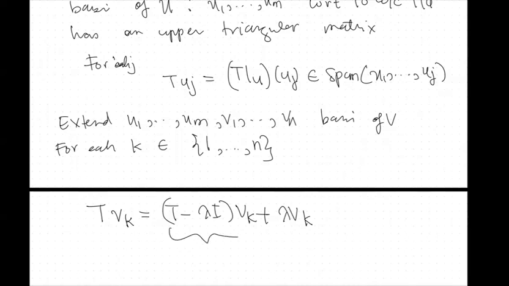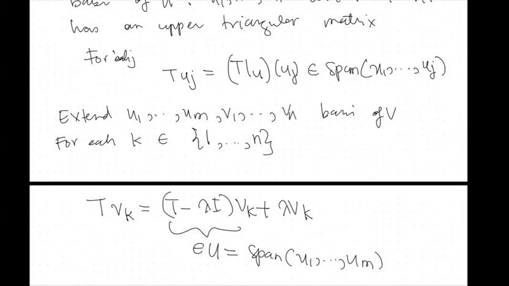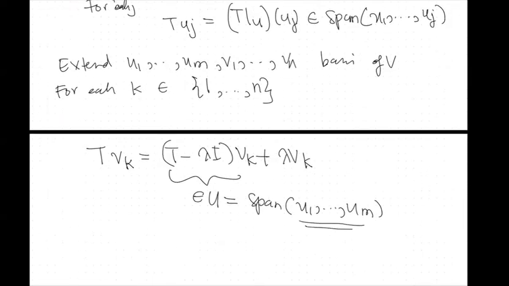The first term here is inside U, which means it is in the span of u1 to um, because this is our basis for U. This means, and what?